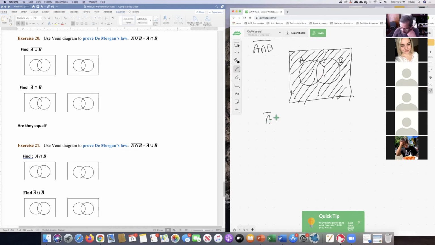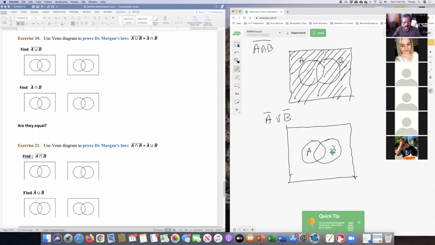A bar union B bar. Okay, so again, I'm going to use colors, but this time it's union. Union means I need to combine the two things, A bar and B bar. I'm going to shade A bar in one color and B bar in another color again. So I'll use red for A bar.